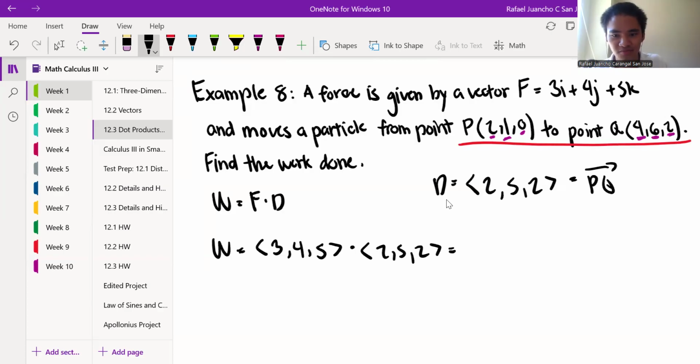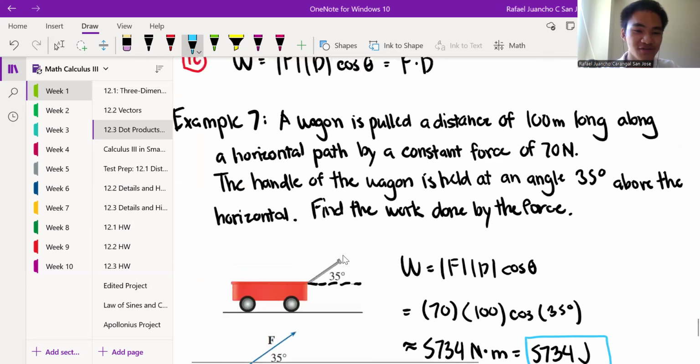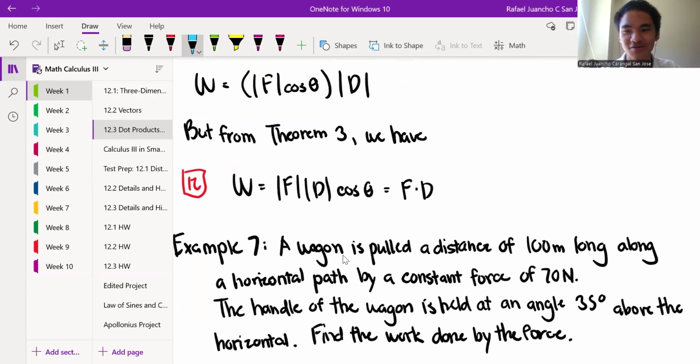We just apply the dot product. 3 times 2 is 6, plus 4 times 5 is 20, plus 5 times 2 is 10. 26 plus 10 is 36 joules. Boom, finished. Yeah, and that's it for today's video on, finally, I finished dot products, and I'll see you all in the next one.